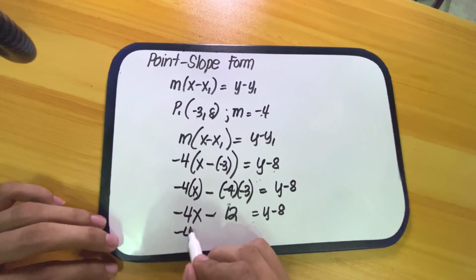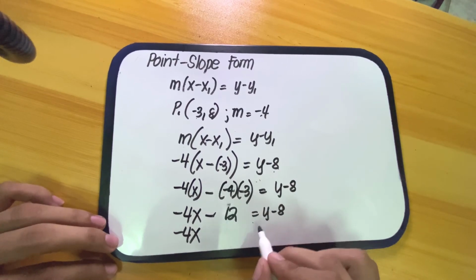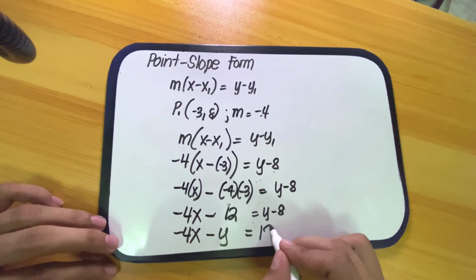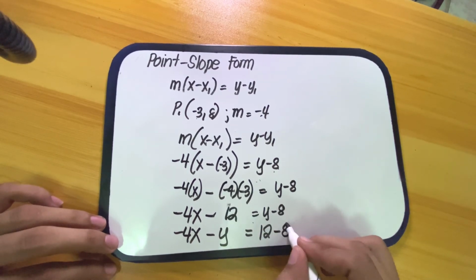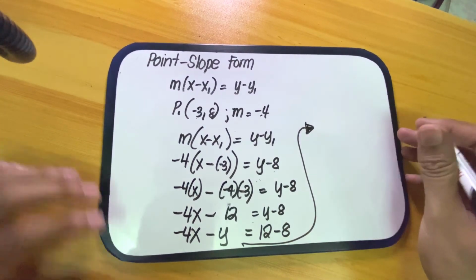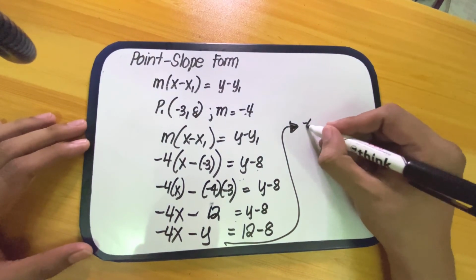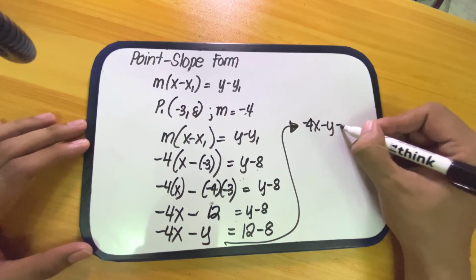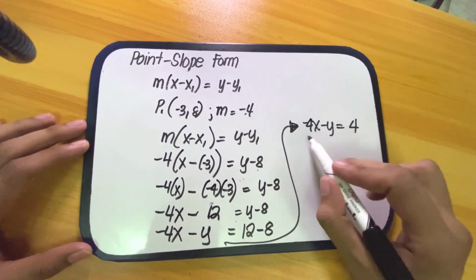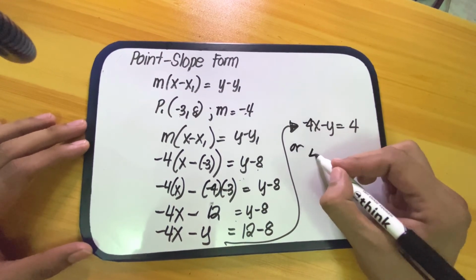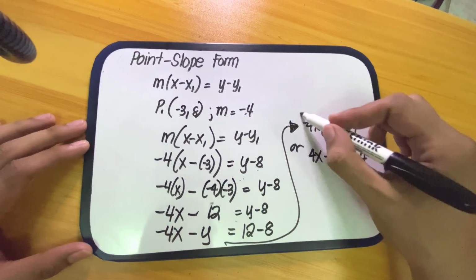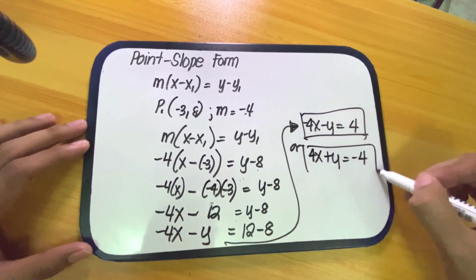So negative 4x, y will become here minus y. Then your minus 12 will become positive 12. So 12 minus 8. Then continue here. So negative 4x minus y equals 4. So 12 minus 8 is positive 4. Or you can rewrite this one into 4x plus y equals negative 4. So it's either of the two. You still have the correct answer.